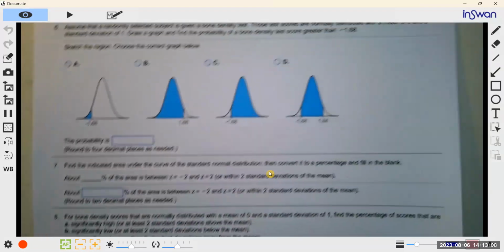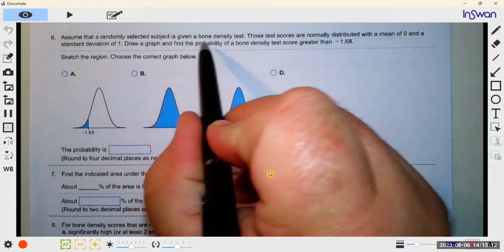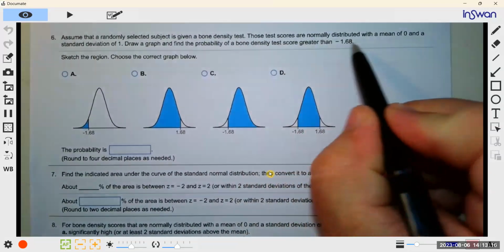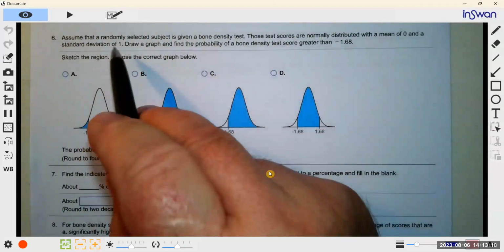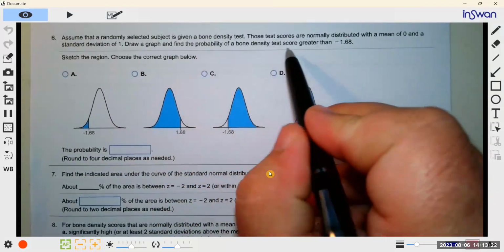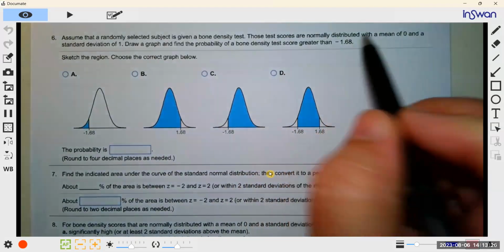Okay, number 6. Assume that a randomly selected subject is given a bone density test. Those test scores are normally distributed with a mean of 0 and standard deviation of 1. Draw a graph, find the probability of a bone density test score that is greater than negative 1.68.